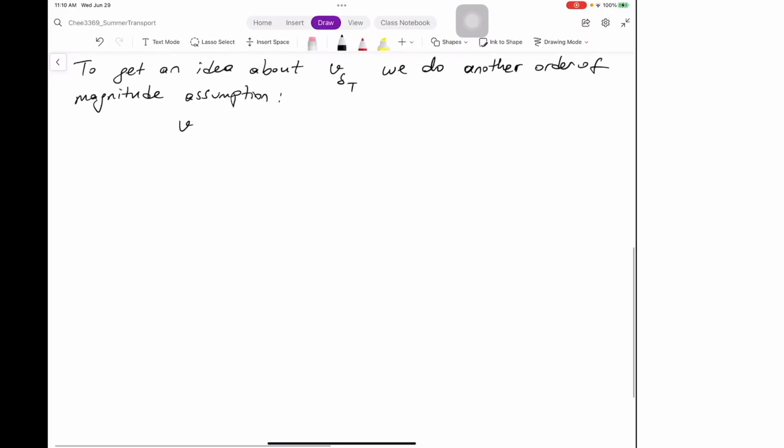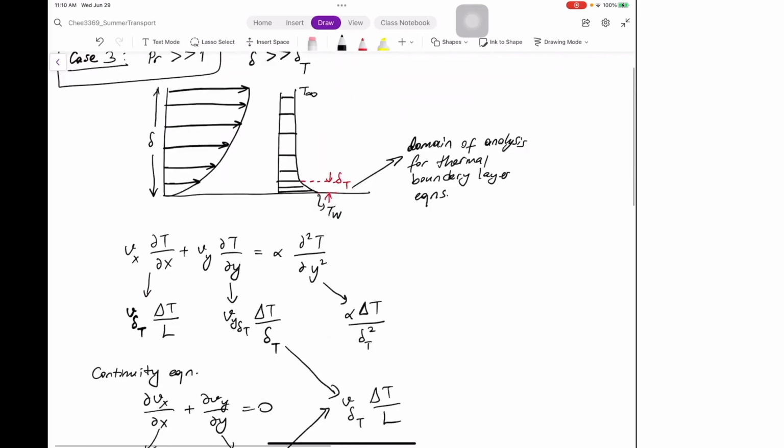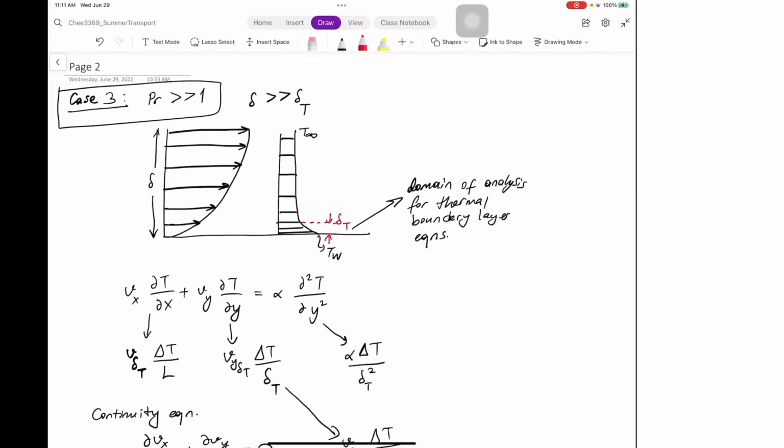So you can say, whatever this V delta t is, if you divide it by this V infinity, you should get something in the order of delta t over delta. Basically, geometrically, you can think of it like this is V delta t, and this is V infinity. So you can actually make this scaling if you use the geometry.